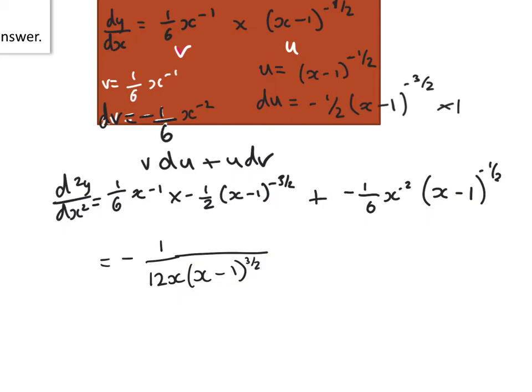So here's my first bit. Now, I haven't actually seen the mark scheme, so we don't know, but this is what I would do. Then obviously I've got my plus, because it's always plus, and then we need to do this. This is just going to be minus 1 over 6x squared (x minus 1) to the power of a half.